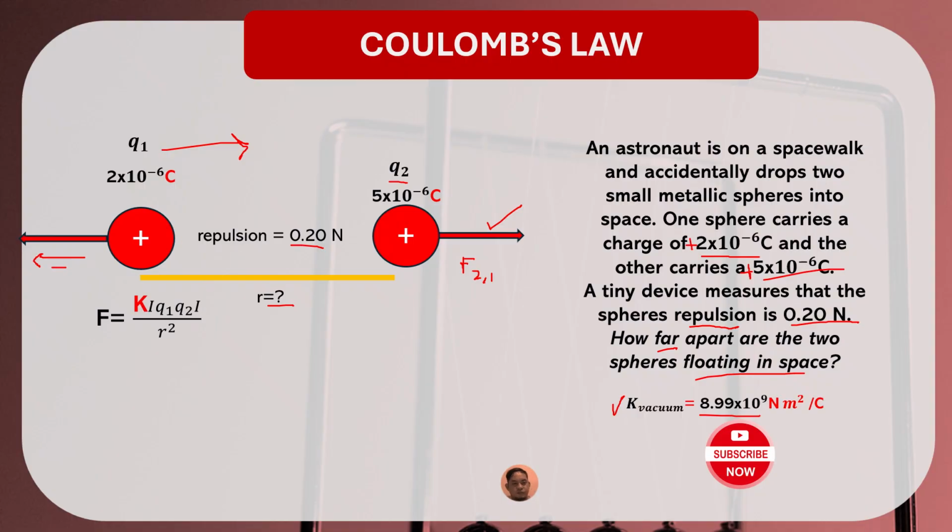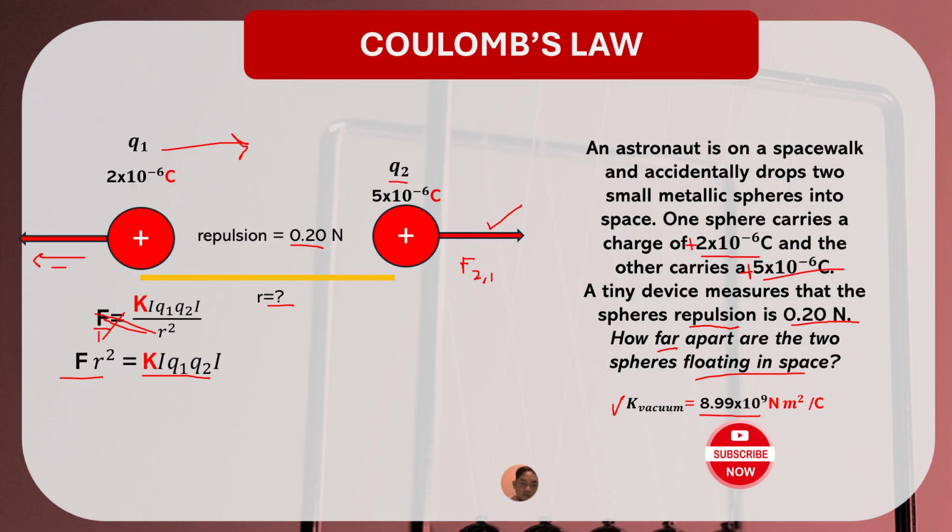Of course we have an imaginary one here so that we can do the cross multiplication. We multiply r squared by F, and 1 times k and the absolute value of the charges. So you have it there.